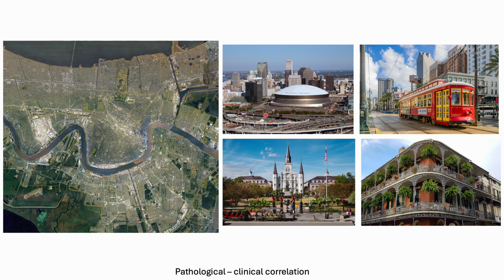On the right, there are four characteristic views of New Orleans: the Superdome, the streetcar, the St. Louis Cathedral, and Bourbon Street in the French Quarter. We can use this example as we see under the microscope. So this is a great correlation. If you have the knowledge from each picture, you can make the right diagnosis. This is New Orleans.